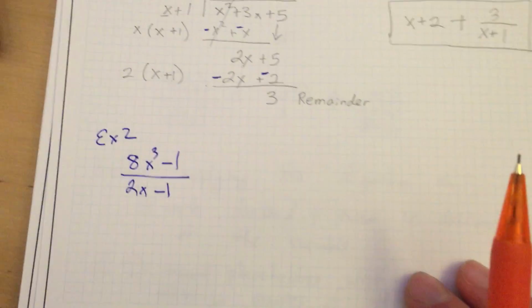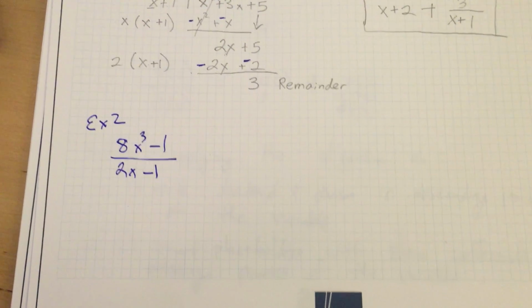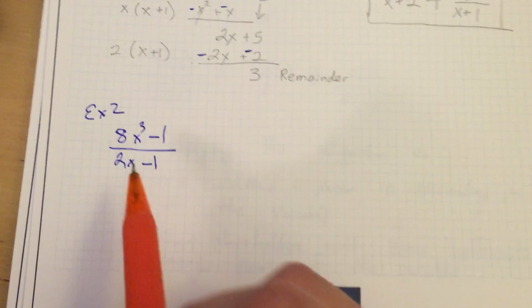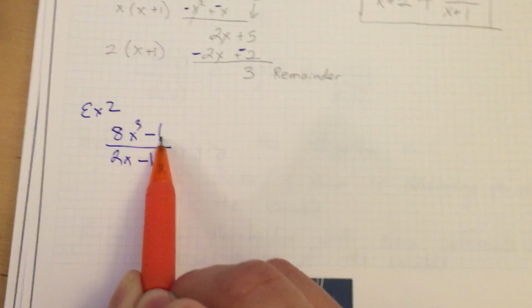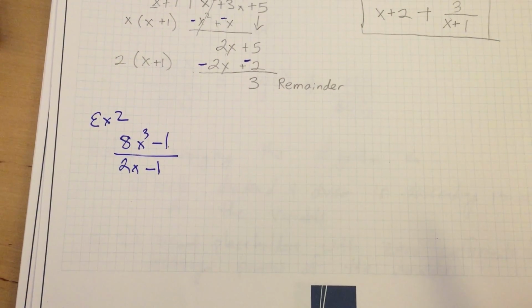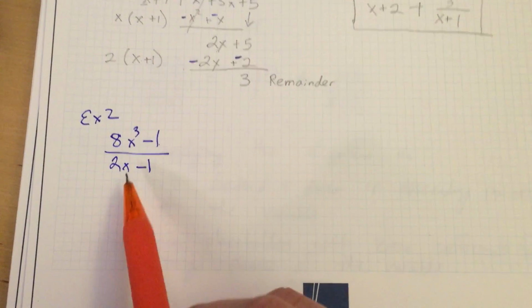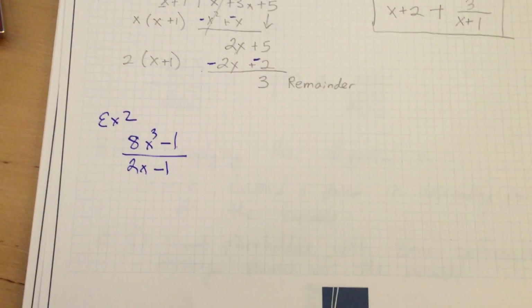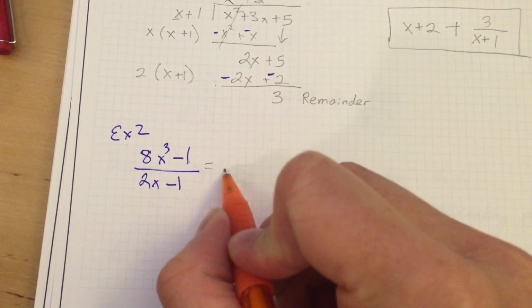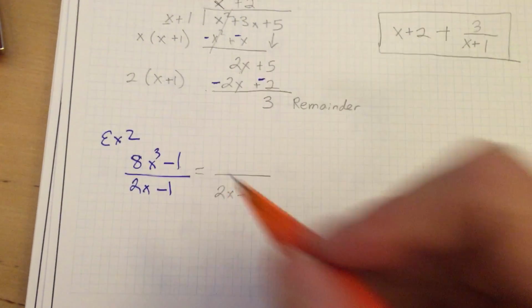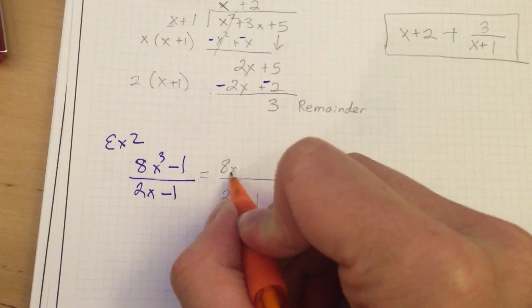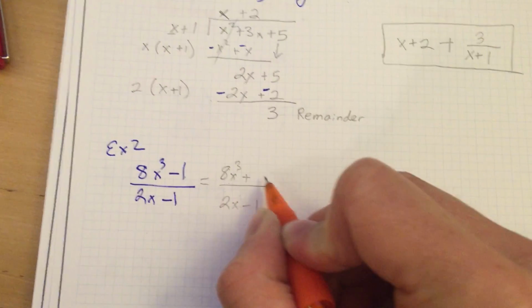But if we look at our second example, we do see terms that are missing. Notice it goes from a power of 3 in the numerator to your constant term, so we're definitely missing some variables. And it goes from a power of 1 to a power of 0 in our denominator, so that's okay. We can keep our denominator the same, 2x minus 1. But in the numerator, I'm going to write placeholders.